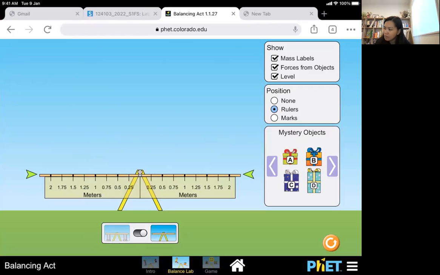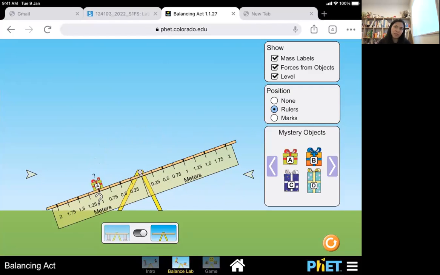Say, for example, I put the mystery object at 1 meter because it's easy to multiply with 1, right? If your lever arm is 1. Obviously the beam goes down like this. So we need to be able to balance that out using our fixed masses, and using our fixed masses, we can figure out what the mass of this object is. Did anyone do this during the workshop early, and were you able to find out the mass of this mystery object 1?